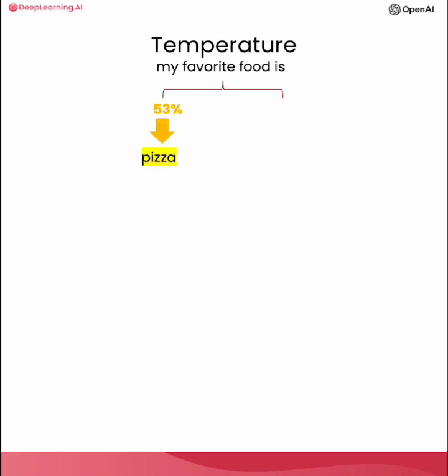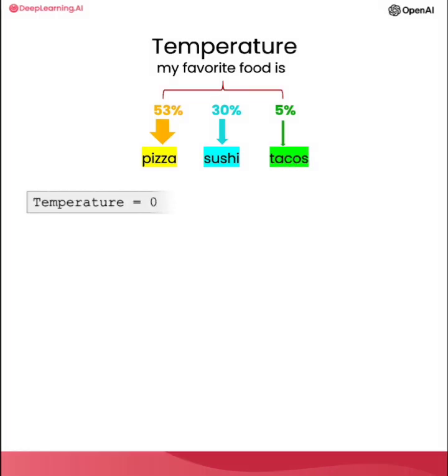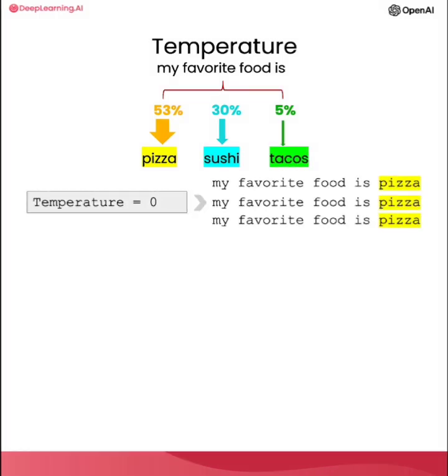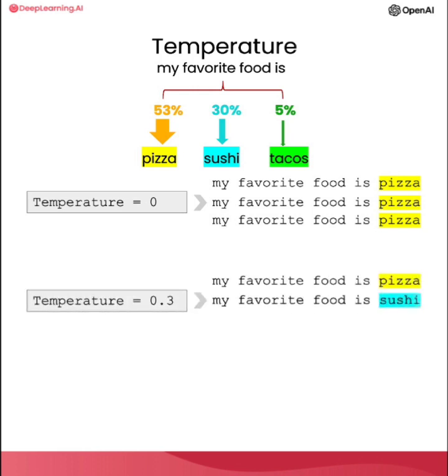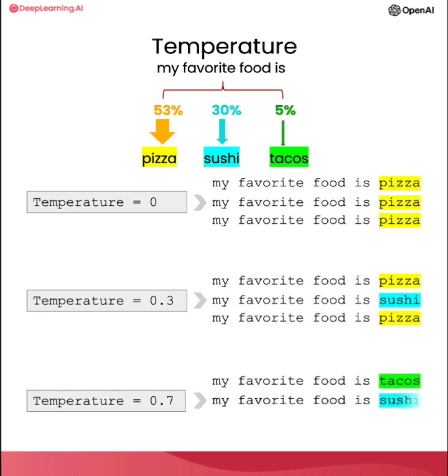For this particular phrase, my favorite food is, the most likely next word that the model predicts is pizza, and the next most likely it suggests are sushi and tacos. At a temperature of 0, the model will always choose the most likely next word, which in this case is pizza. At a higher temperature, it will also choose one of the less likely words, and at an even higher temperature, it might even choose tacos, which only has a 5% chance of being chosen.